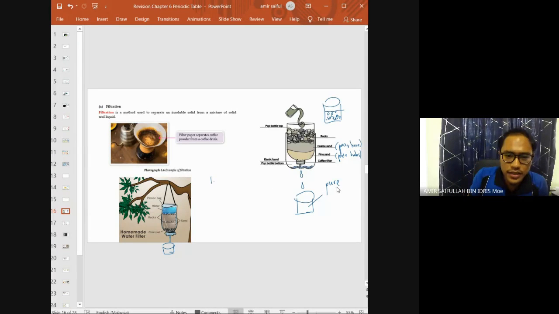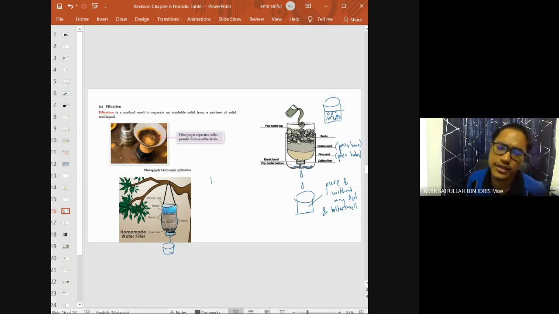And we can obtain a more pure water without any dirt and a better smell. If not, the water will be smelly because it is mixed with all the dirts. So after we filter it, we can get a purer water without any dirt and with a better smell. Okay, that is the benefits of using this filtration method.